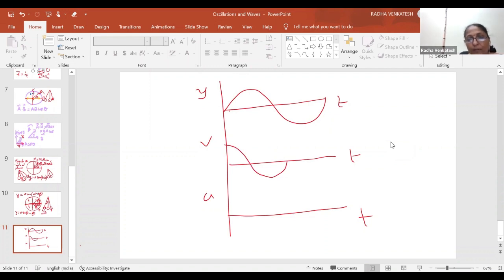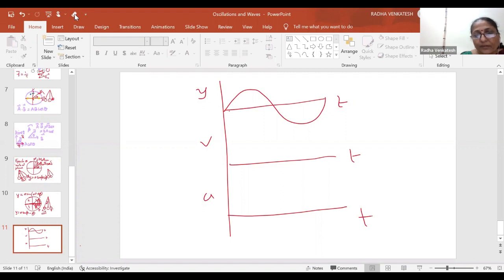Right, let me draw it properly. I think this graph is the opposite of what is there in the textbook, because in the textbook he has taken x as a cos omega t. So don't confuse between the two figures. This is y is equal to a sin omega t, right?